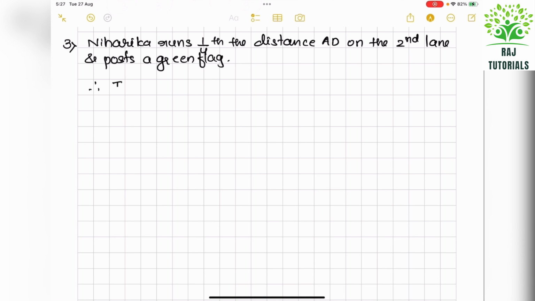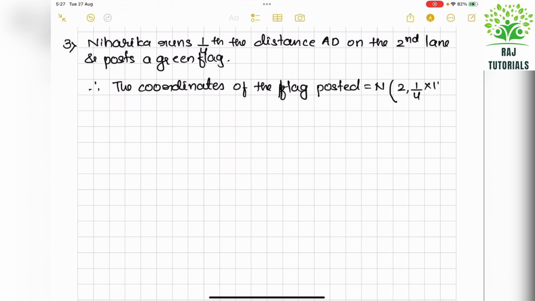Therefore, the coordinates of the flag posted will be equal to N. See, second lane she was running 1/4 of 100. She was running in the second lane and 1/4 she ran. So N is (2, 25).